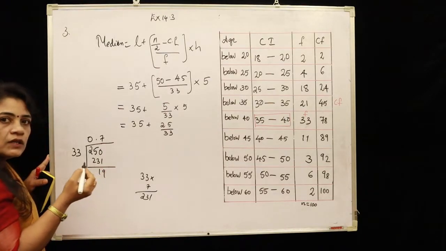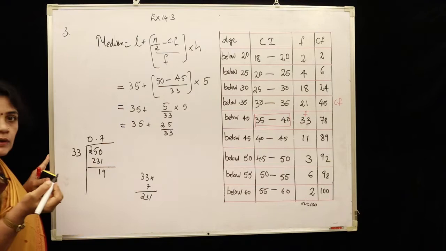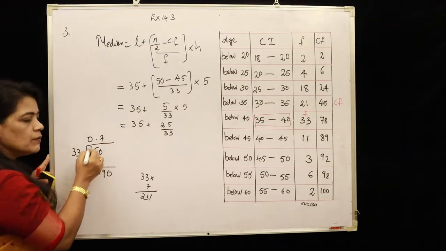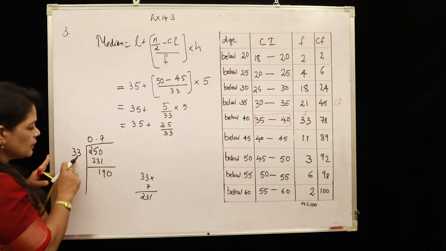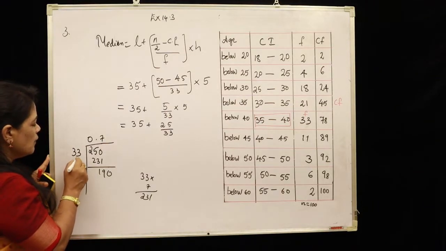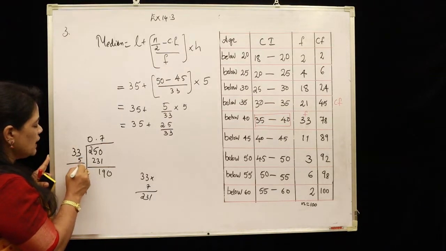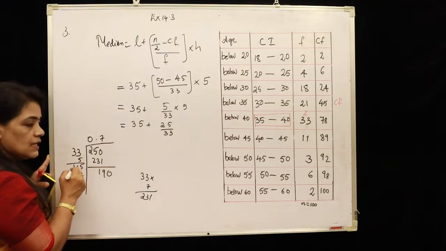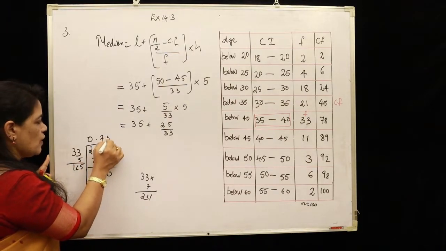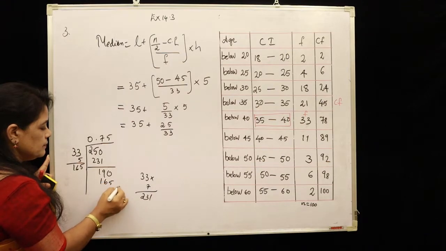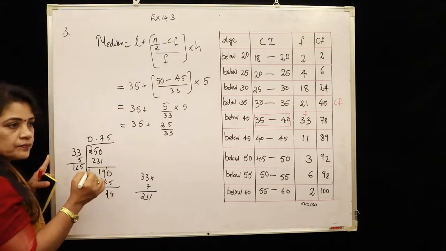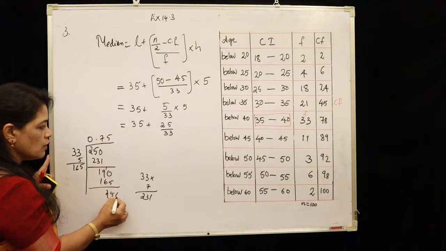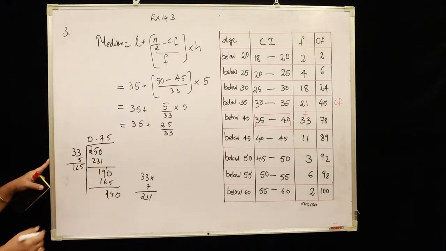We can find out 3 decimal places. Already we put the decimal point there. So 33 into 190, can we take 5? 5 threes are 15, 1 carry, 5 threes are 15 plus 1 is 16, that is 165. On subtraction, we get 25. We can add 0 and find one more decimal place, 250.